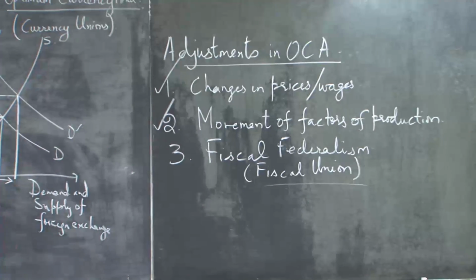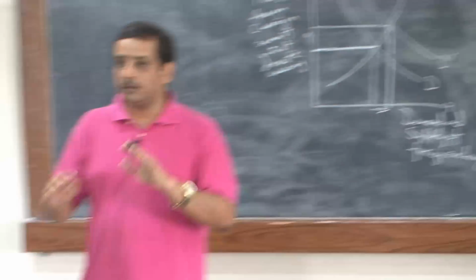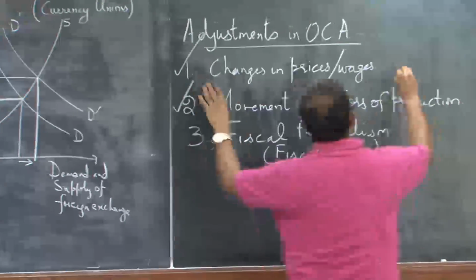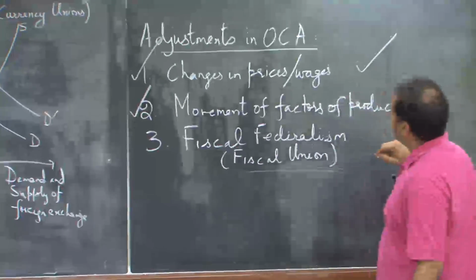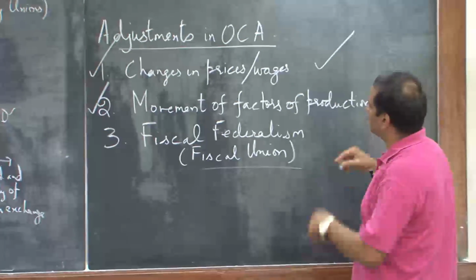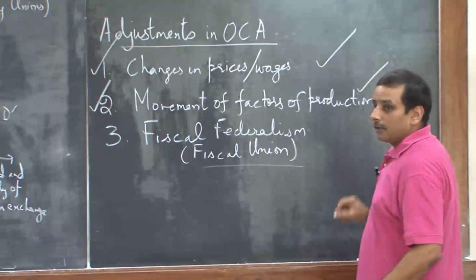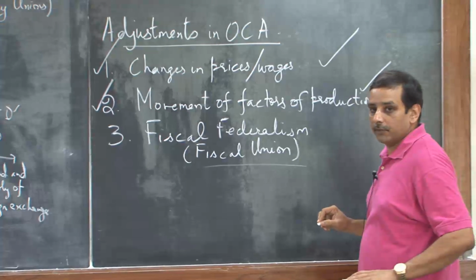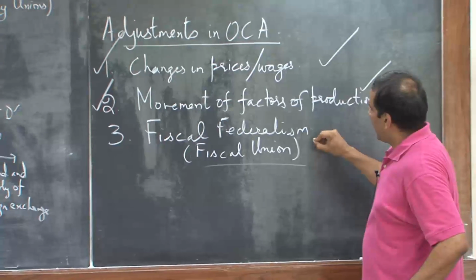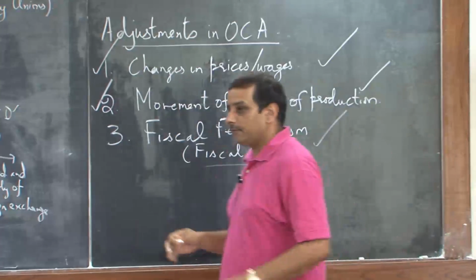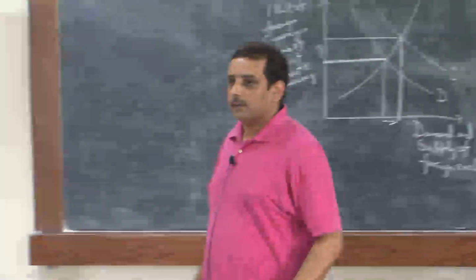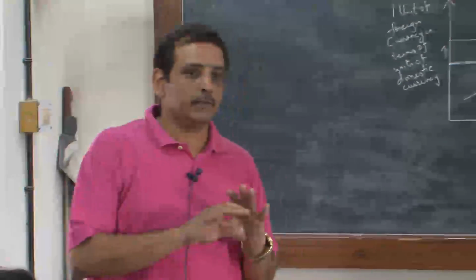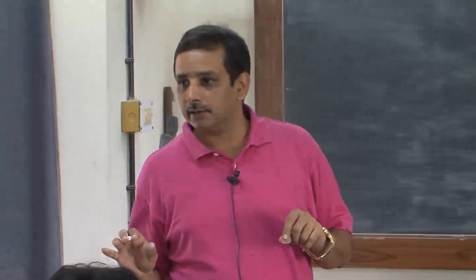So, OCA works quite well in those regions where you have all these three: the price movements, factors moving without any problem, without any hurdles, and you have the fiscal transfers taking place without any problem and hurdles.